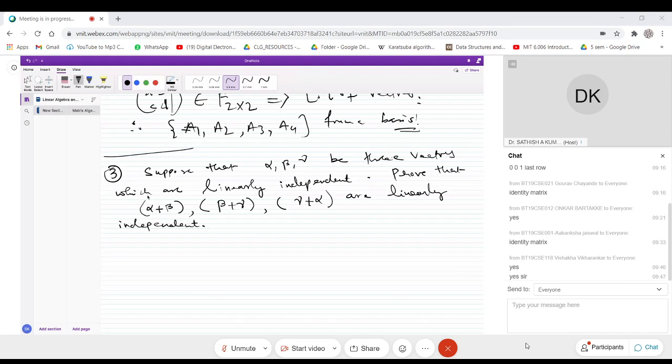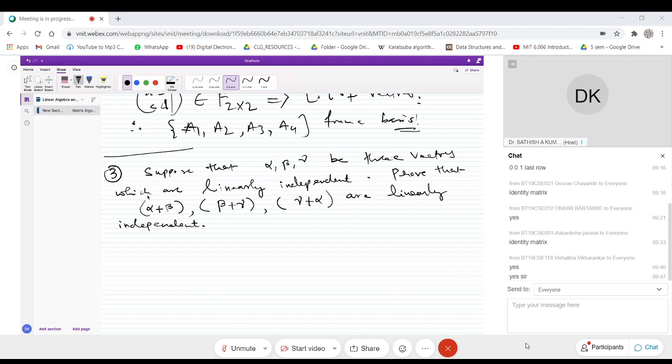Of course, if you follow different books, different approaches might be used, because some people use the matrix approach, and some people do not go for matrices and use the definitions instead. So you can follow any books, that's not an issue.